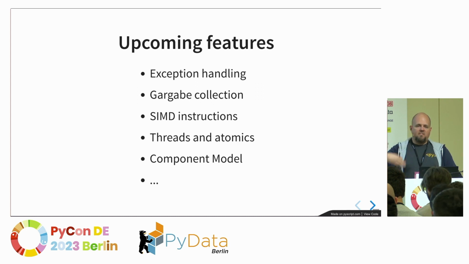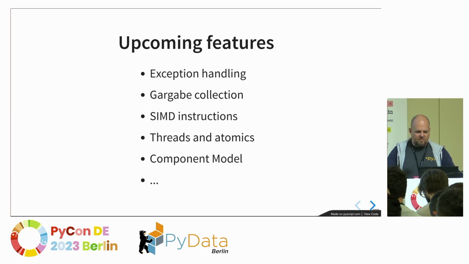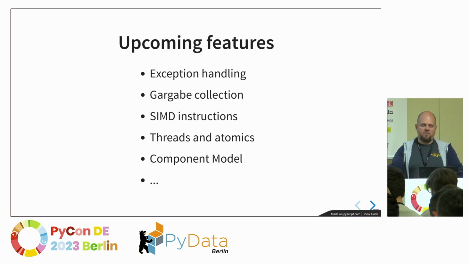But then they started to add more and more features, and the WebAssembly virtual machine is becoming higher level. It's still low level for performance, but it's getting higher level features. For example, exception handling or garbage collection, so that you can integrate with the garbage collection of JavaScript, or it's getting SIMD instructions for vectorization and things like this.